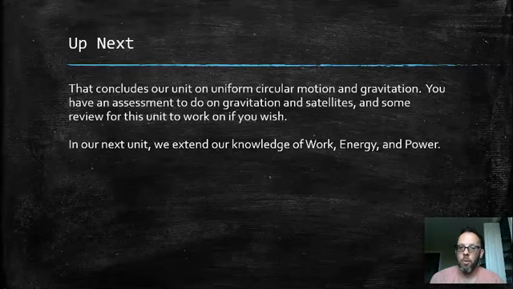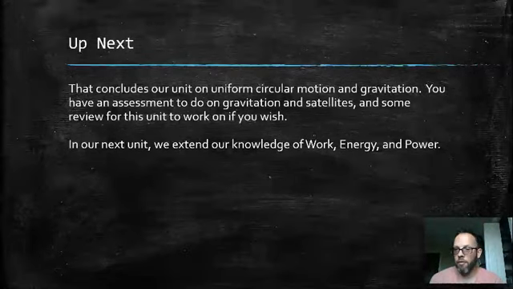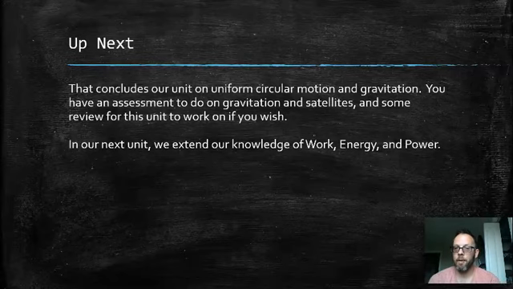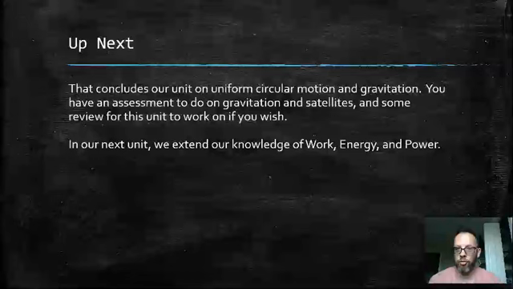In our next unit, we're going to extend our knowledge of work, energy, and power. In the grade 11 course, you talked about kinetic energy, gravitational potential energy, conservation of energy, and the work energy theorem. But we're going to take it a bit further. We're going to look at springs and elastic potential energy, and update our knowledge of gravitational potential energy.